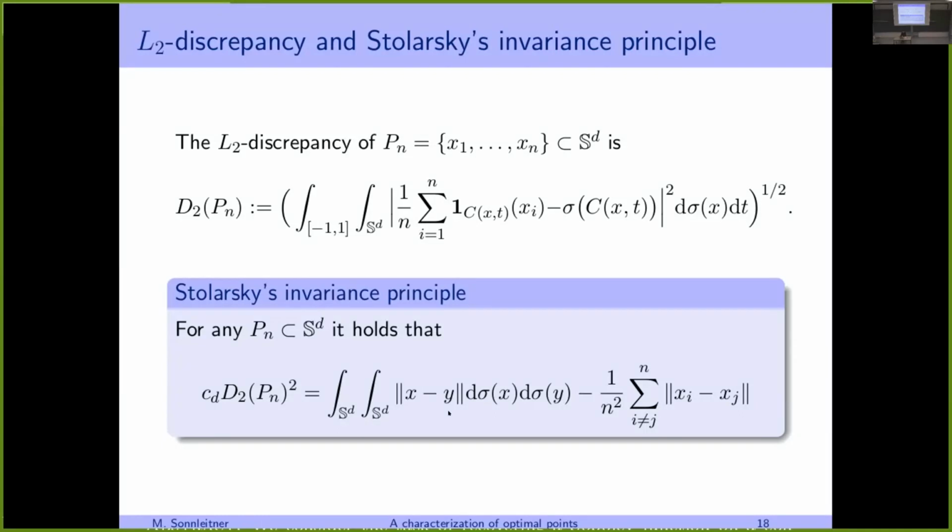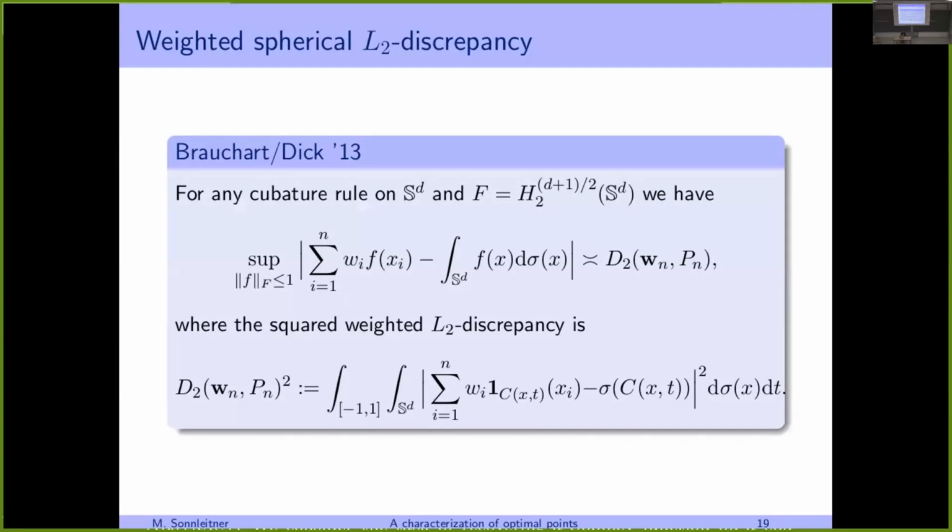And now I'm interested in a weighted analog because there's a result by Brauchart and Dick. So one can use the expression for the reproducing kernel of a special Sobolev space, namely the space of smoothness d plus 1/2 on the sphere. And then one can show that the worst case error of any cubature rule is equivalent to the weighted L2 discrepancy, which I define like this.